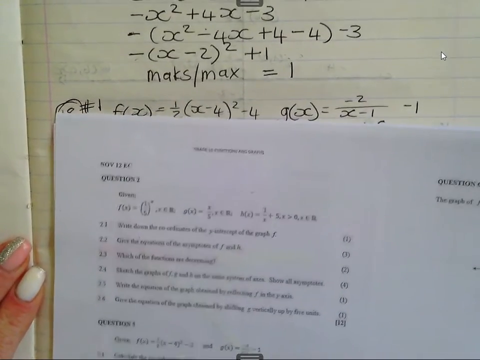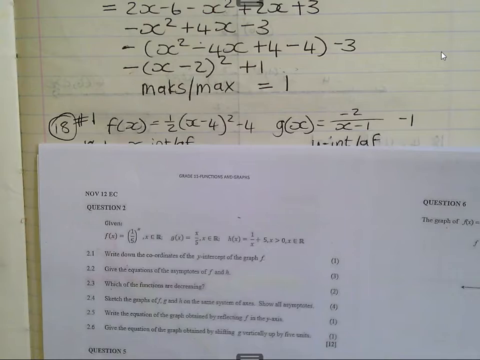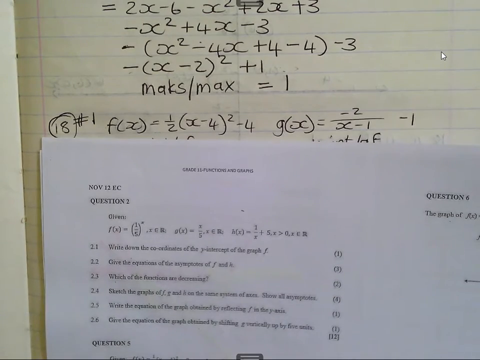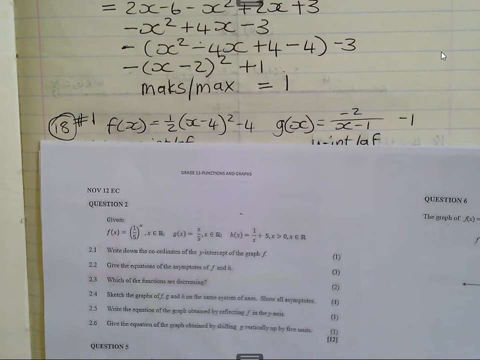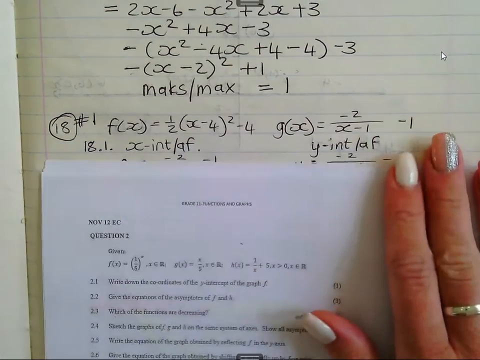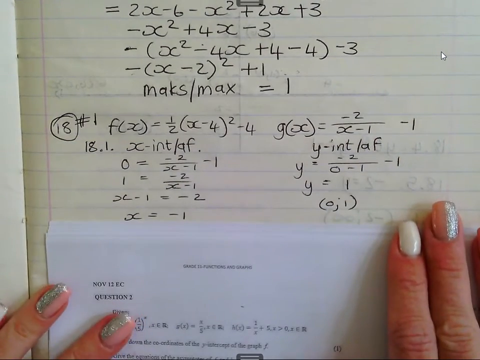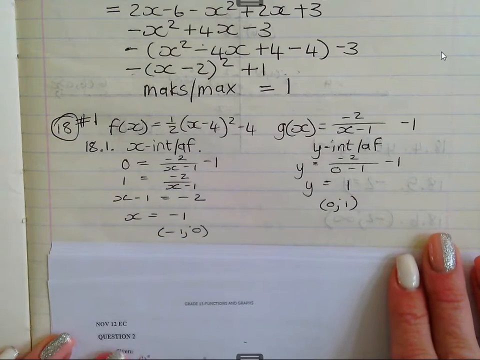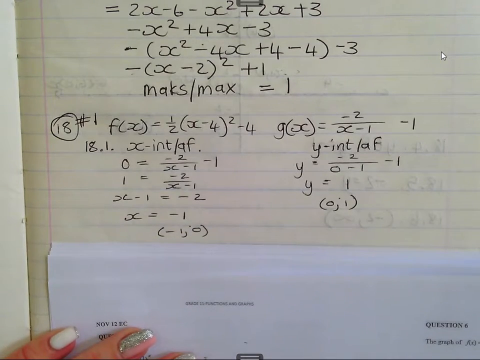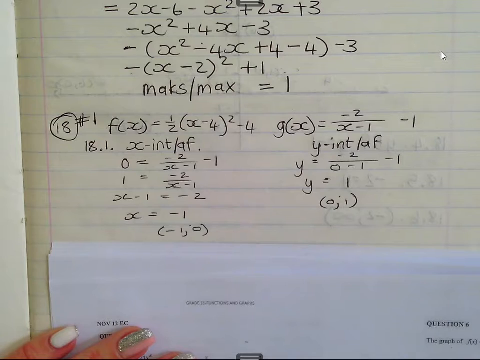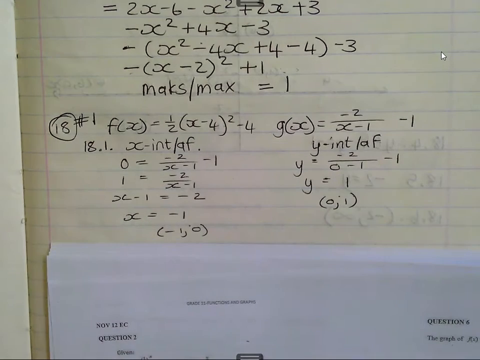They gave me two functions, the equations of the two functions, and the one was a quadratic function, and the other one was a hyperbola. Calculate the coordinates of the x and the y-intercept of g. So there I calculated both of them. The x-intercept is (-1; 0) and the y-intercept is (0; 1).